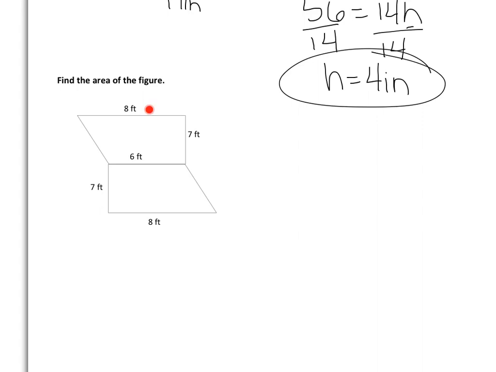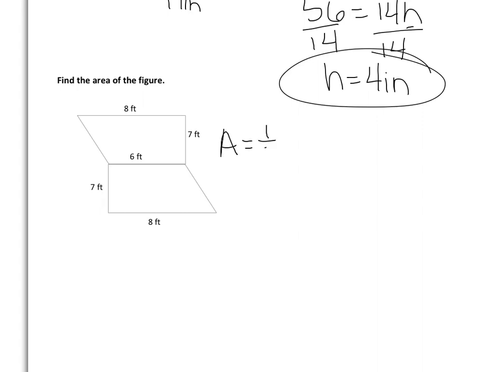This top trapezoid has bases of 8 feet and 6 feet, and the bottom trapezoid has bases of 8 feet and 6 feet. The height of the top trapezoid is 7 feet, and the height of the bottom trapezoid is 7 feet. So you could find both areas and add them together, or if you know they're the same thing, find the area of one of the trapezoids, multiply it by 2, and that's the direction we're going to go. So let's look at that top trapezoid.